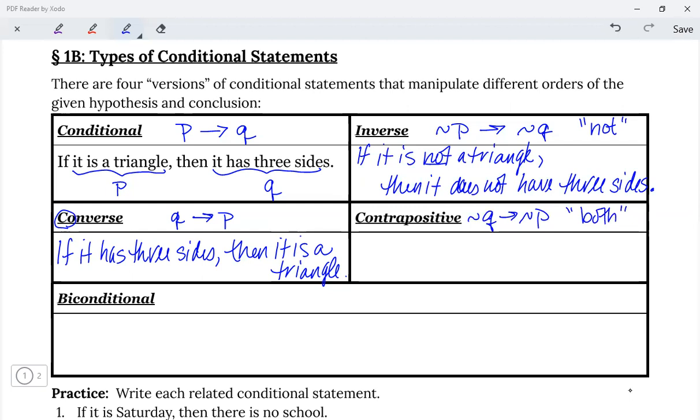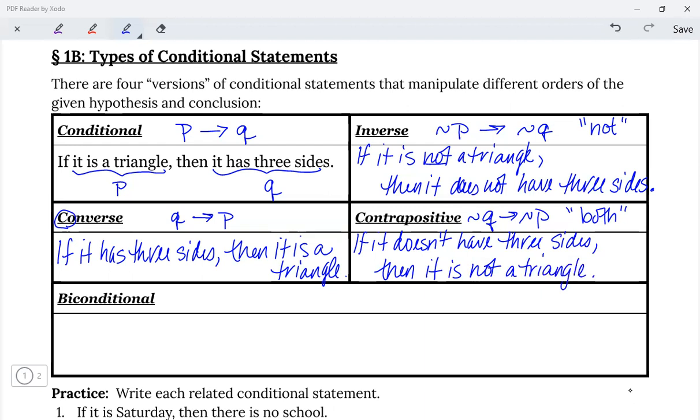So this is: if it doesn't have three sides, then it is not a triangle. Again, grammar, make it work for yourself.